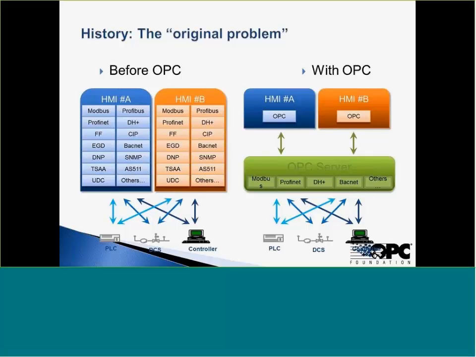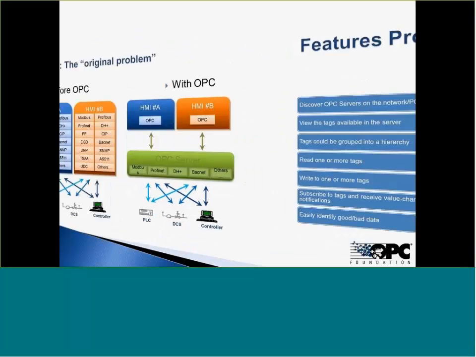This really simplified the vendor's life. But the reality is, it not only simplified the vendor's life, it simplified the end user's life, because now they can pick and choose products that meet their needs, and they don't have to be tied to any single solution. So it's a good thing for everyone, both the suppliers and the end users.